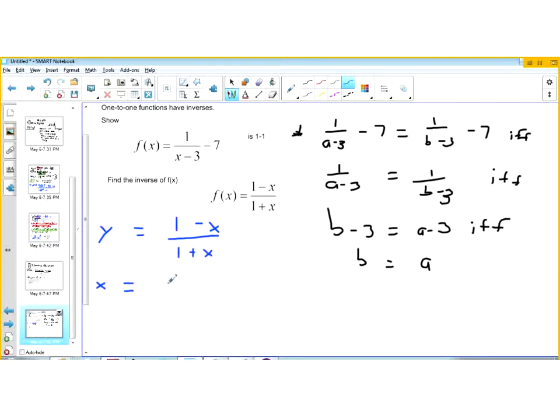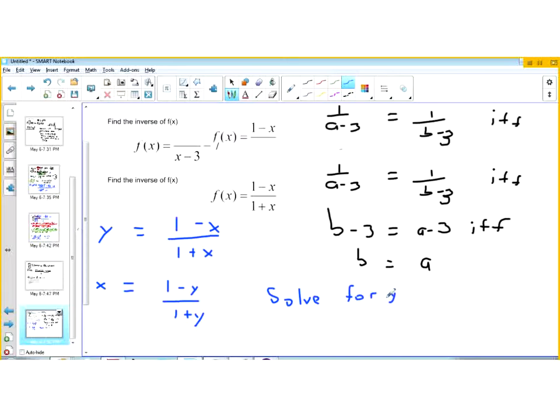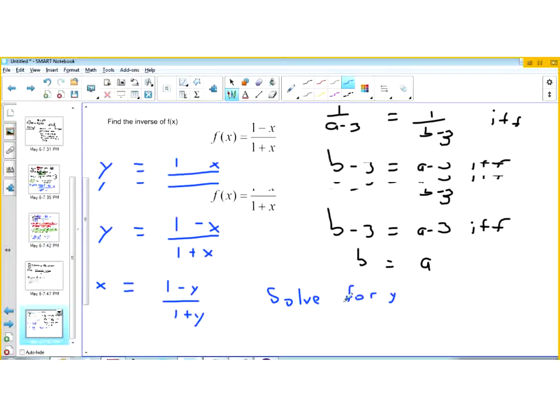So x is equal to 1 minus y over 1 plus y. And then when you do that, solve for y.